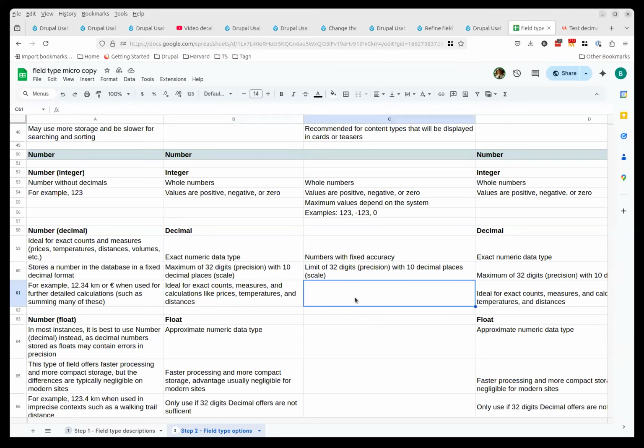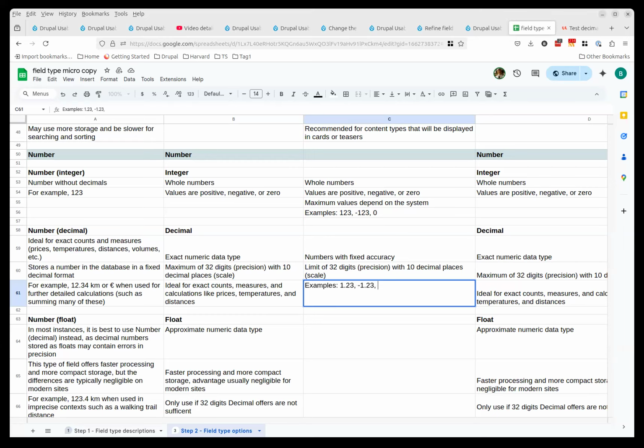So I think we just need some examples. Two digits after the decimal point suggests a dollar amount to me as an American.